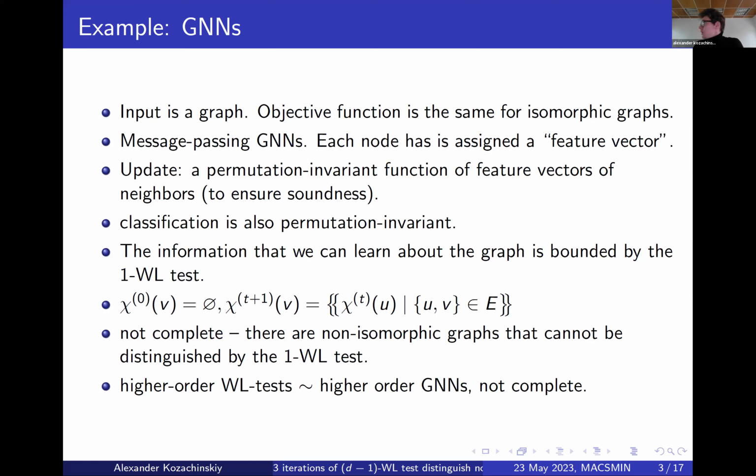And higher order means that some graph neural networks will, for example, assign feature vectors to pairs of nodes, and you can prove that they have the same distinguishing power as this. So higher order means that there will be k-WL for a larger k. So not something very deep. Okay. Thank you.